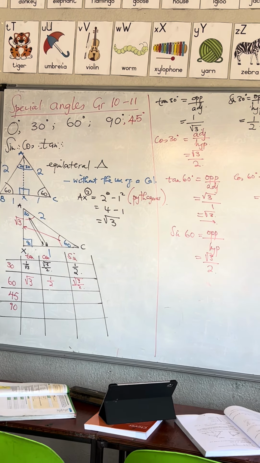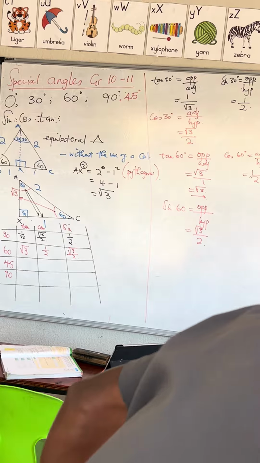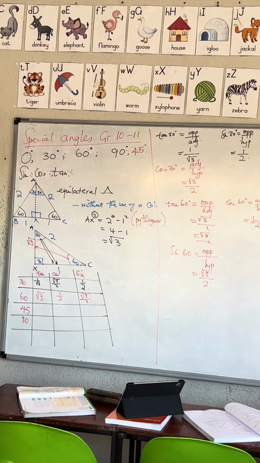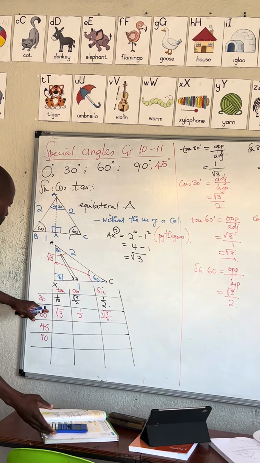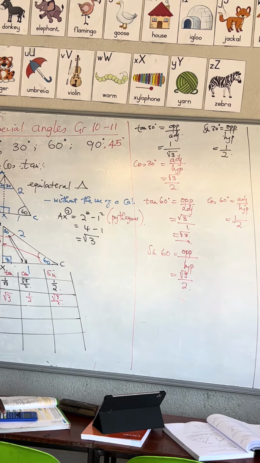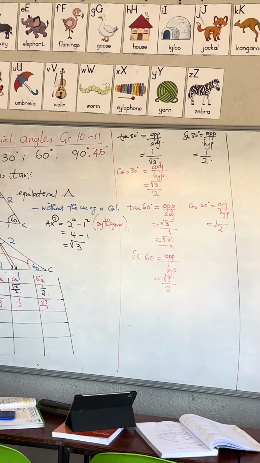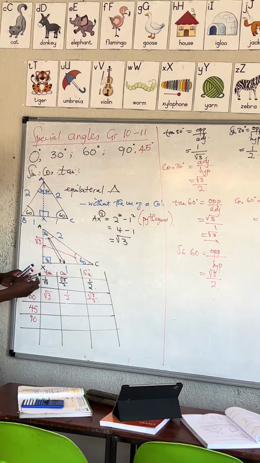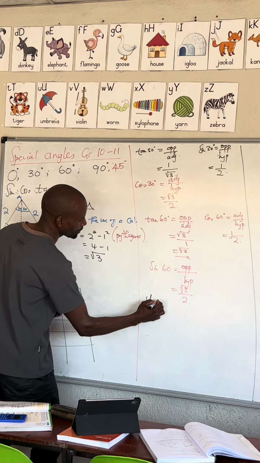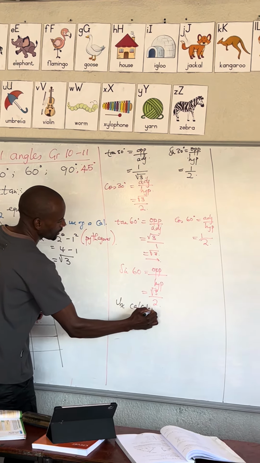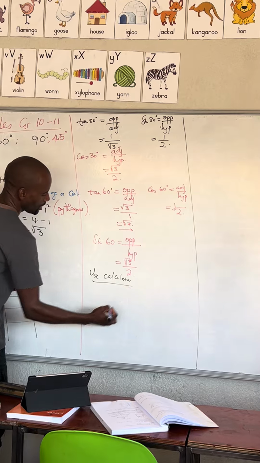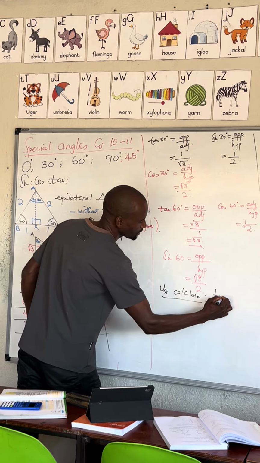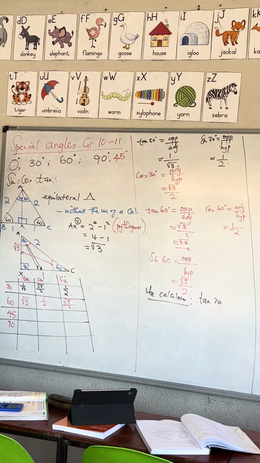And then let me show you something quickly. How do they know that you were using a calculator? Let's go with tan 30. What is tan 30 using a calculator?